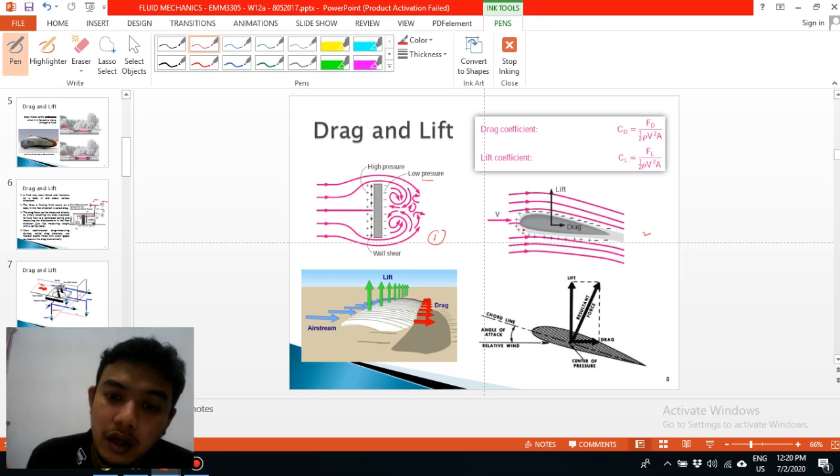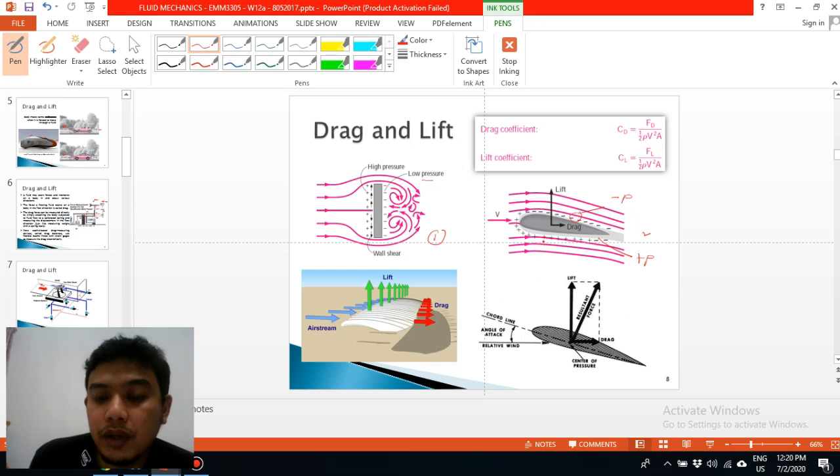Based on this, the lower part of the airfoil produces positive pressure, and the upper part of the airfoil surface produces negative pressure. So here it produces a positive pressure, and what happens is lift happens.